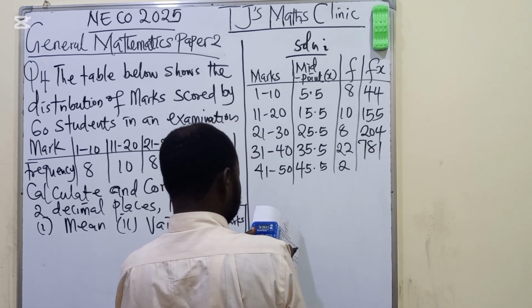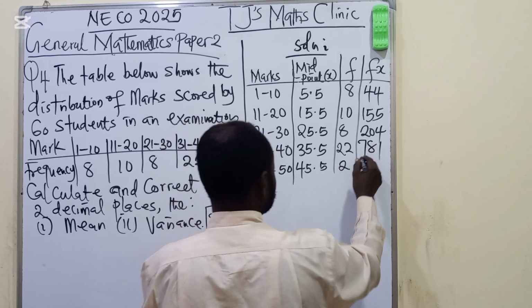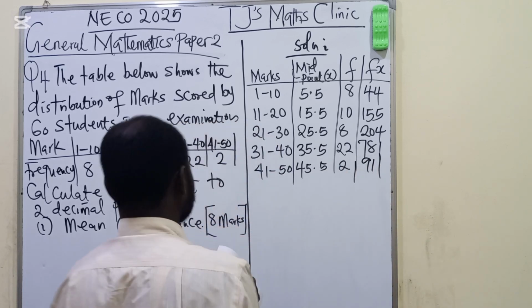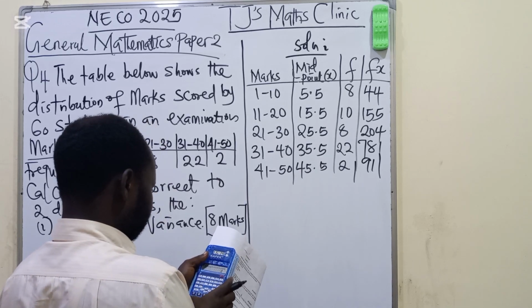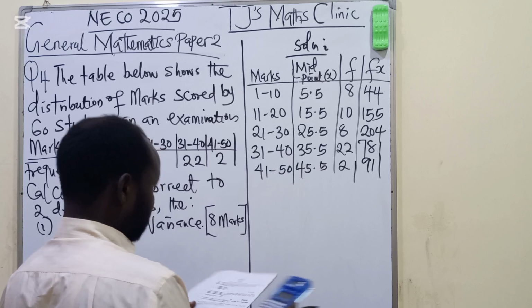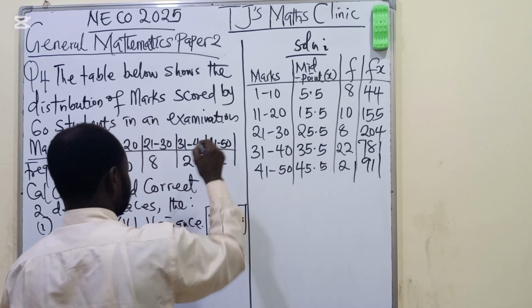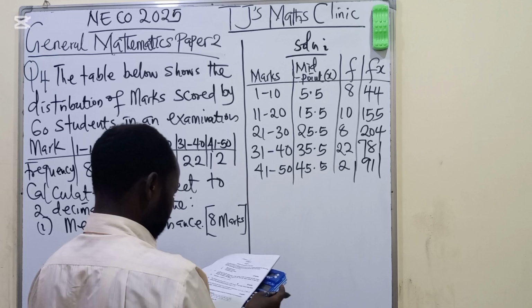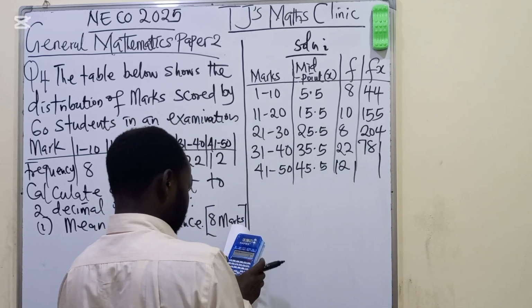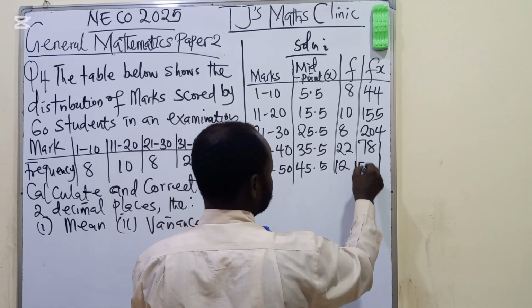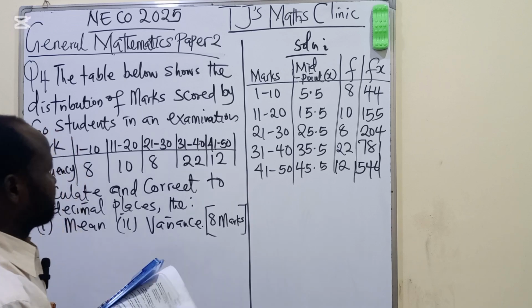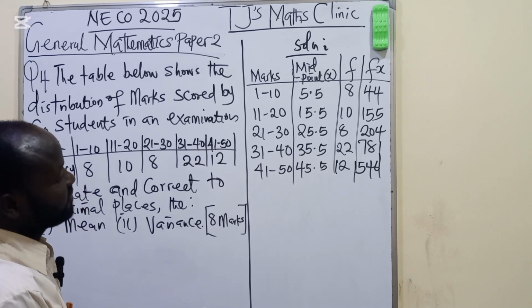Then 45.5 times 2, that will be 91. Sorry, here is supposed to be 12. The last frequency is 12. Multiply by 12, what are we going to get? That will be 546. For 41 to 50, the frequency is 12. So this is our fx.